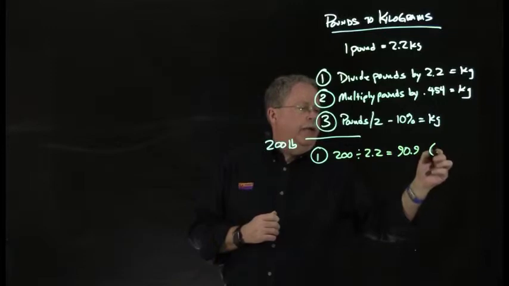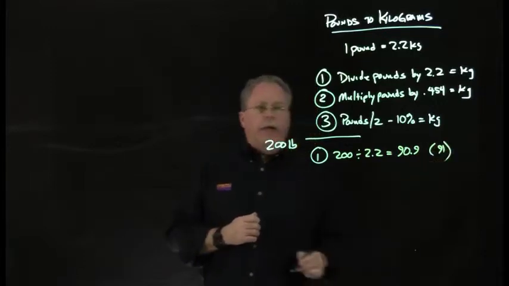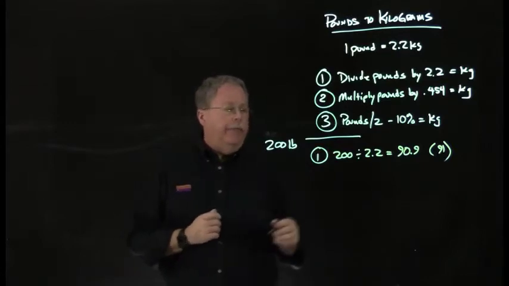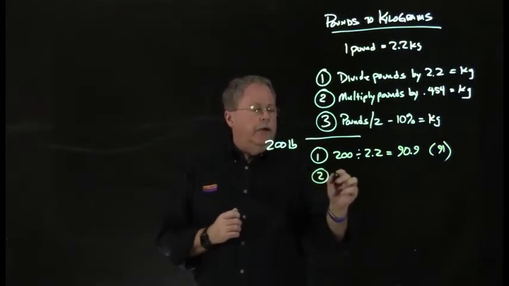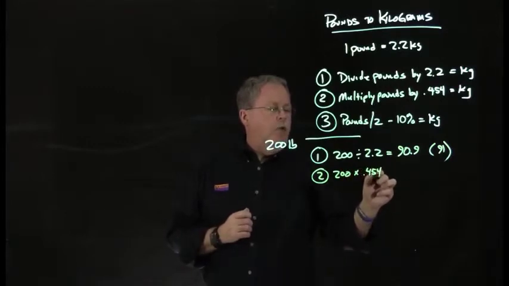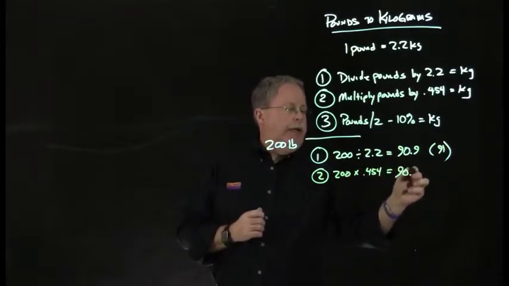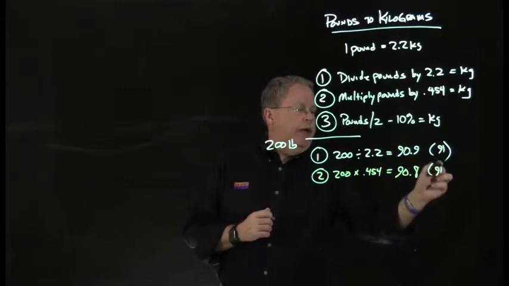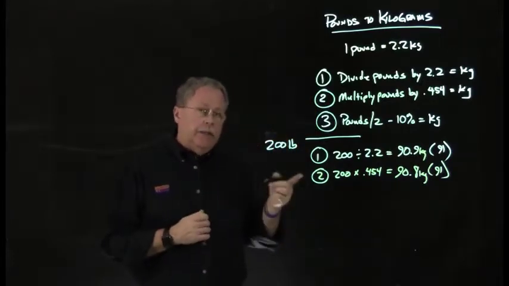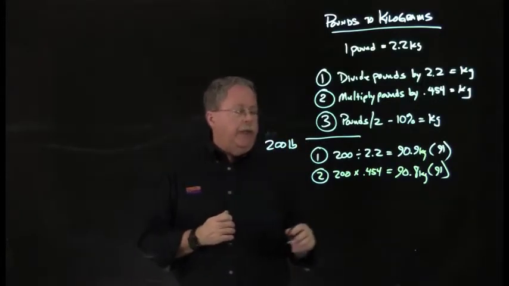What you learned in math is if it's 0.5 or higher, round up, right? So we can round that up to 91. Option 2 is to take 200 times 0.454, and that's going to equal 90.8. Again, we could round that up. And these are kilograms, so we need to be careful to include that as I'm writing this.